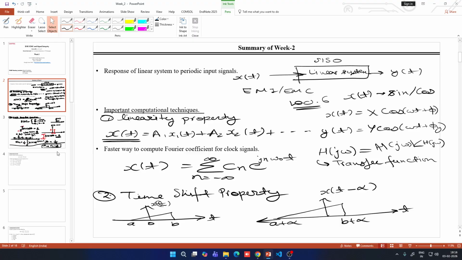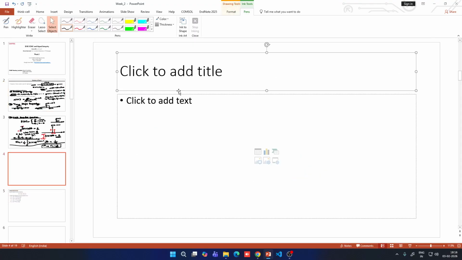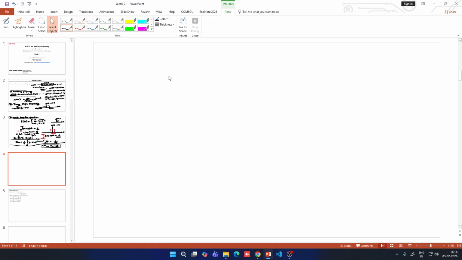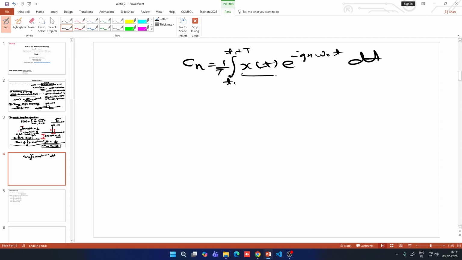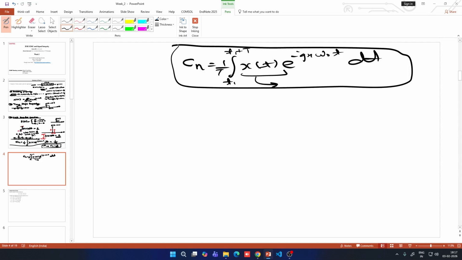Instead of doing what we did in the previous assignment problems, where we solved for the Fourier coefficients like Cn equals 1 by T times the integral from t1 to t1 plus T of x of t e to the power minus j n omega naught t dt, if this x of t is complex and not easy to solve, then this is a tedious task. It takes a lot of time to calculate this integral.